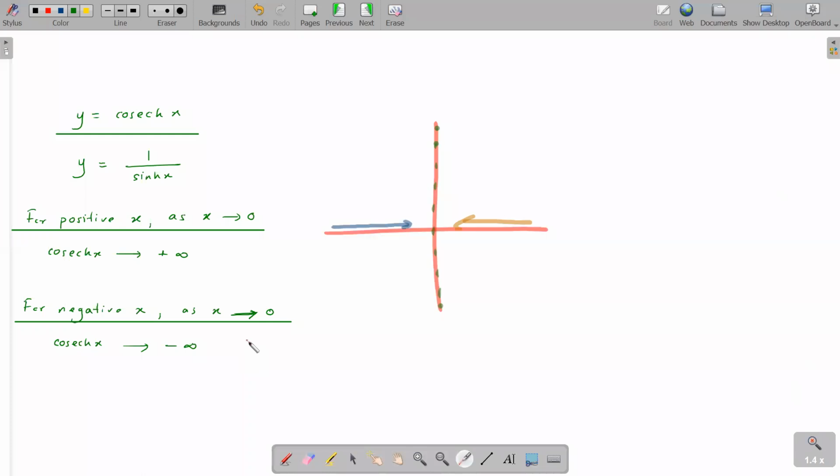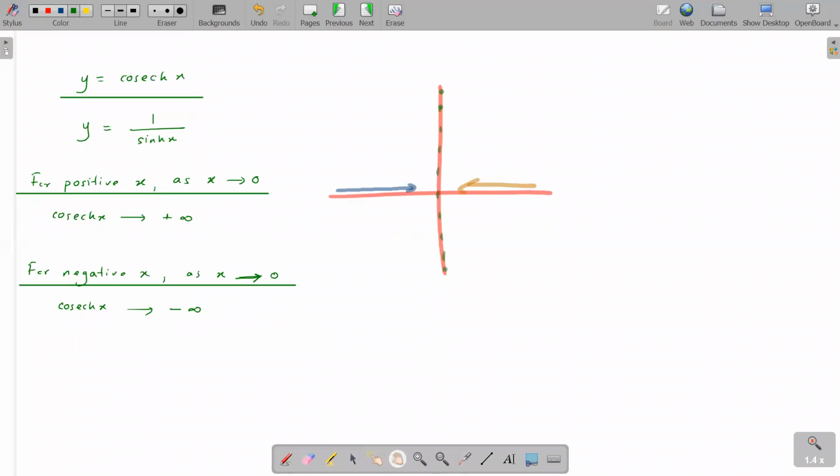And now, guys, you also have to do the normal typical check. The typical thing we always check in every graph is what happens to the y value as x approaches positive infinity and as x approaches negative infinity. That check also needs to be done. Okay, so we'll do that as well. So when x approaches positive infinity, what happens to your y?